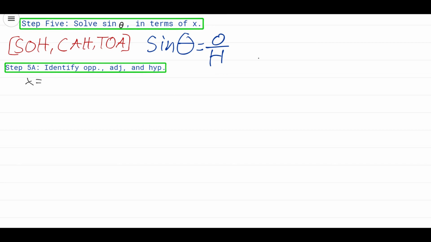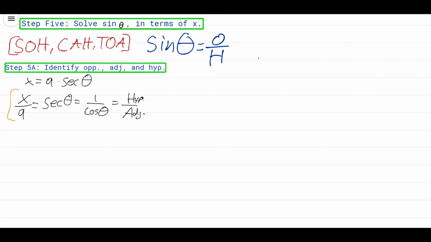So we know that x is equal to a secant theta. And we know that x over a is equal to secant theta, which is equal to 1 over cosine theta. And we know that 1 over cosine, when we reciprocate this, we get the hypotenuse over the adjacent.